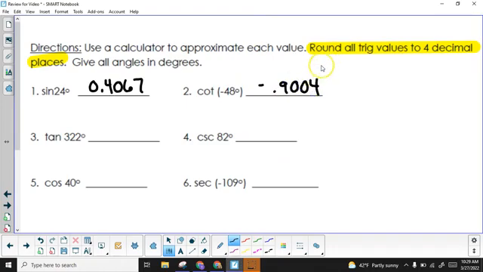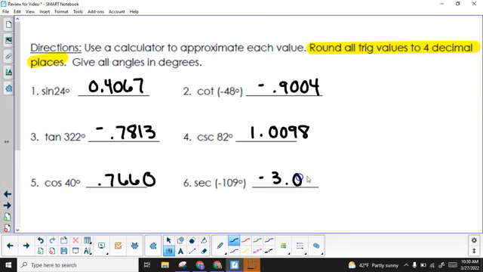I'm not going to actually show doing all of those, but for tangent of 322, we get negative 0.7813. The cosecant of 82 is 1.0098. The cosine of 40 is 0.7660. And the secant of negative 109 is negative 3.0716.